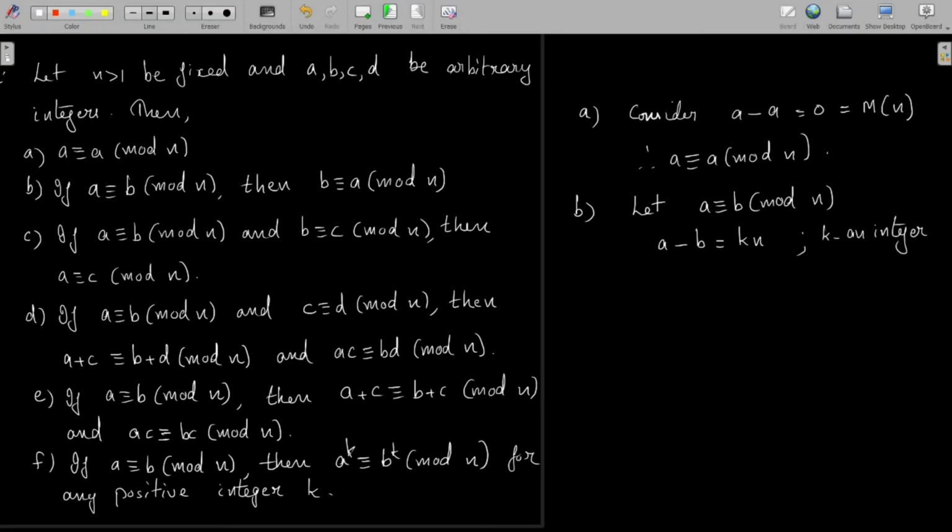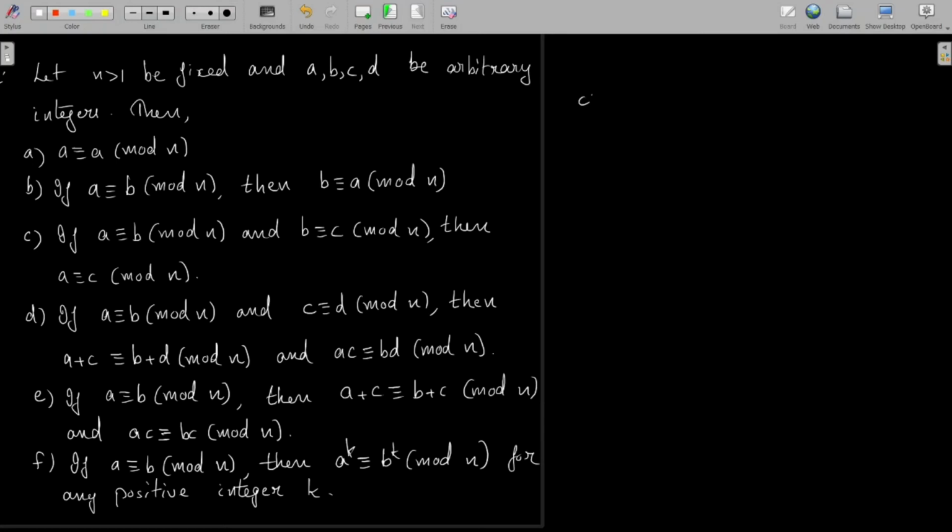Now we have to show that b is congruent to a mod n. So we consider b minus a. Now b minus a equal to minus kn. So this is of the form minus k into n, again an integer into n. So this implies that b is congruent to a mod n.